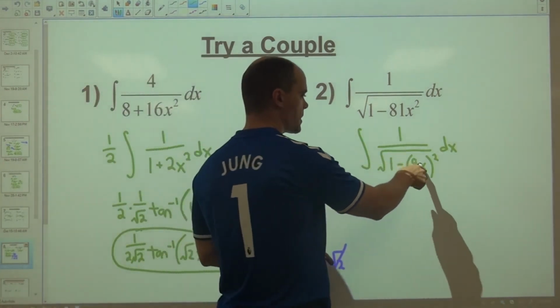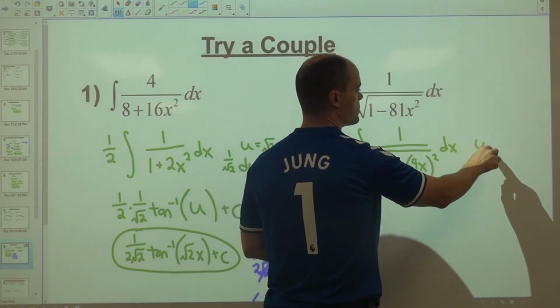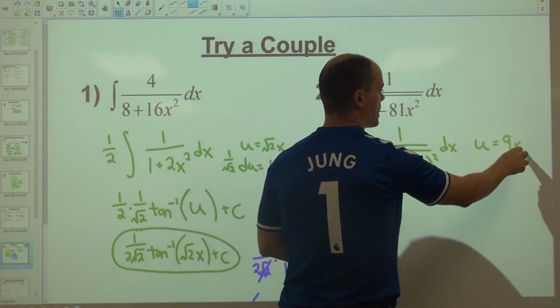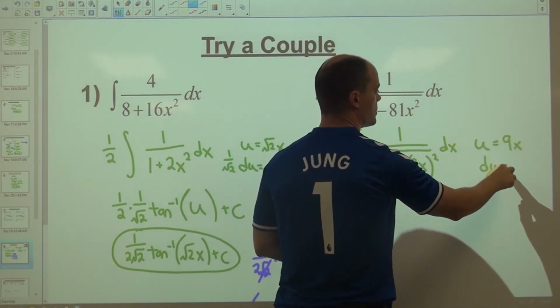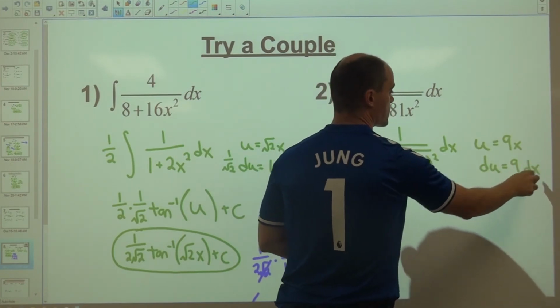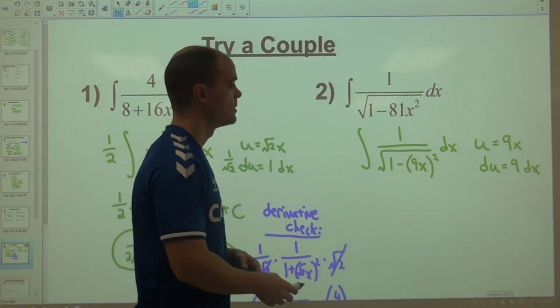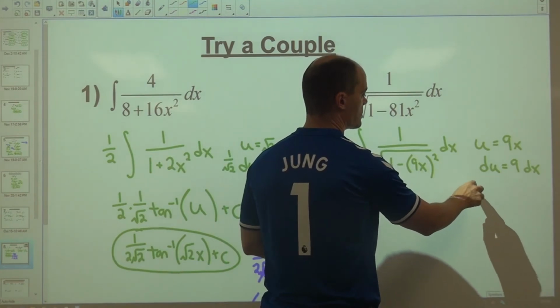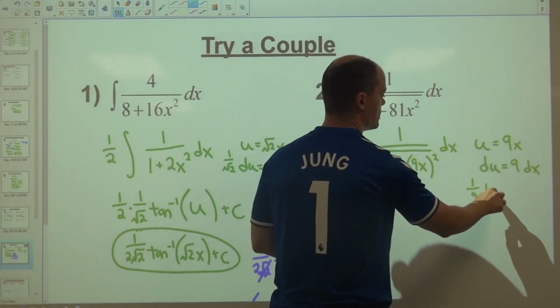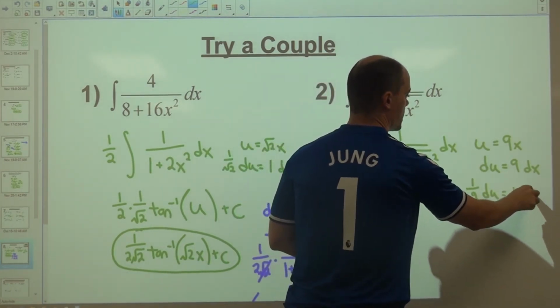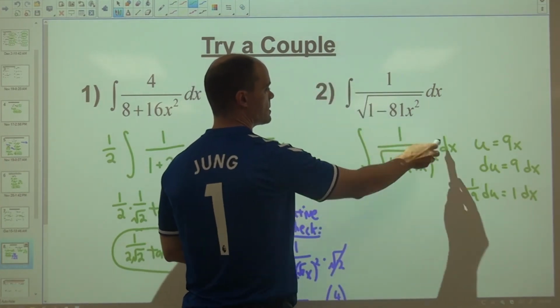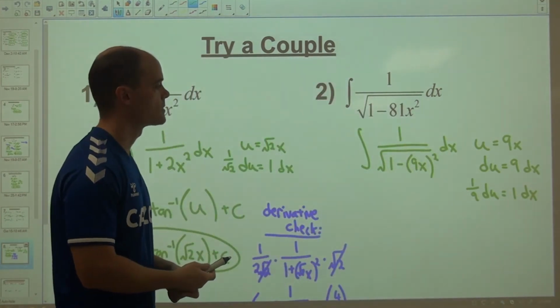So now, just like with inverse tangent, our u becomes that 9x, our du becomes 9dx, which we don't want. So we simplify that out. We want 1/9 du equals 1 dx, because that's what we have on top, 1 dx.